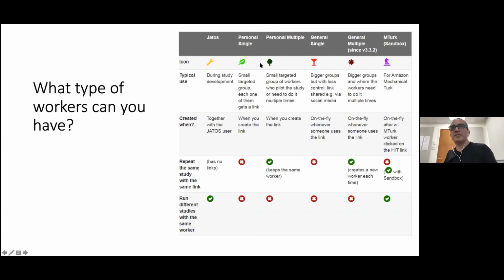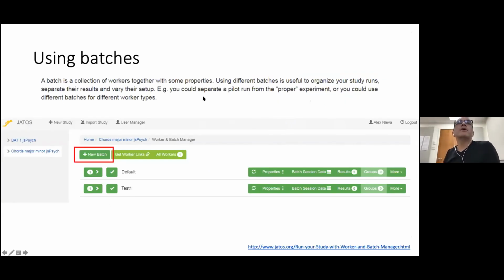So that's it about, no, there's another useful thing for creating your links: you can create batches. That means that you can create groups of links. By default, you get a batch that is called default, but I created this test one batch, and when I create my links, I can choose which batch.